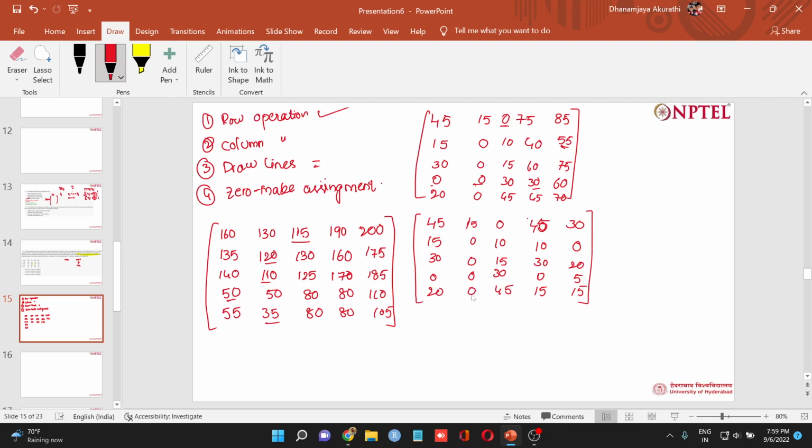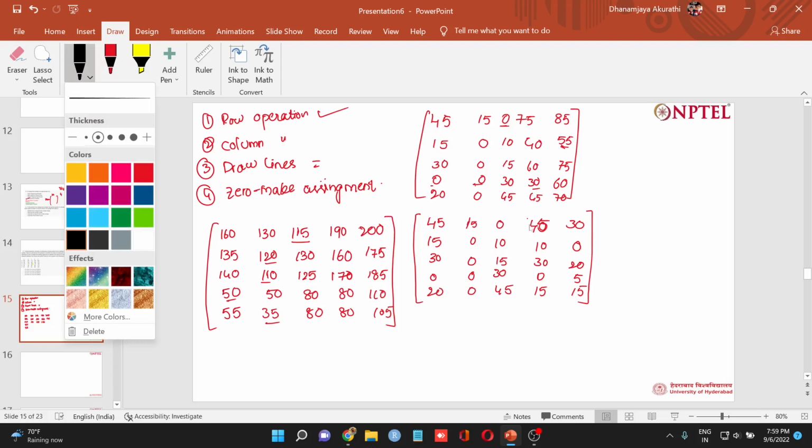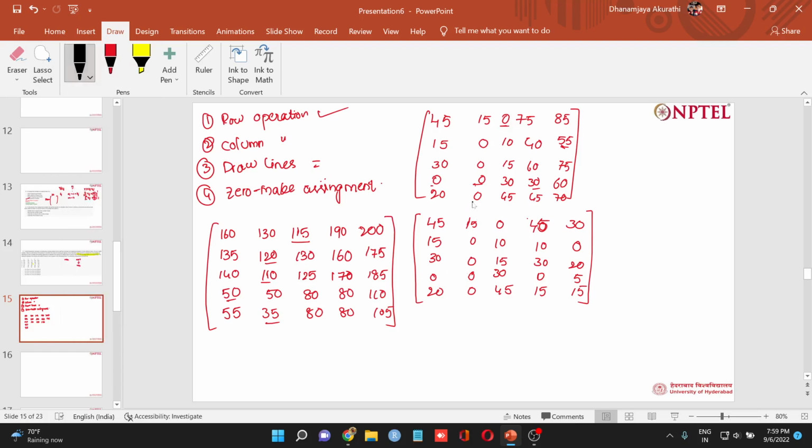but we need to draw the minimum number of lines that cover all of the zeros. Here in the first row I had a 0 and I can draw like this. Here there are four zeros. So first I am covering all these four zeros. I am drawing one line, and again I am drawing another line here to cover all of these zeros.